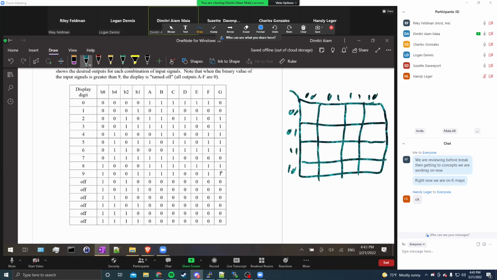Each of these numbers represent, let's say, B8 and B4 over here, 8 and 4, and then 2 and 1 over here. So each of these numbers, the A, B, C, D, E, F, G, maps what these other numbers are. These numbers over here go over here, and these over here tell you what goes inside. Does it make sense?